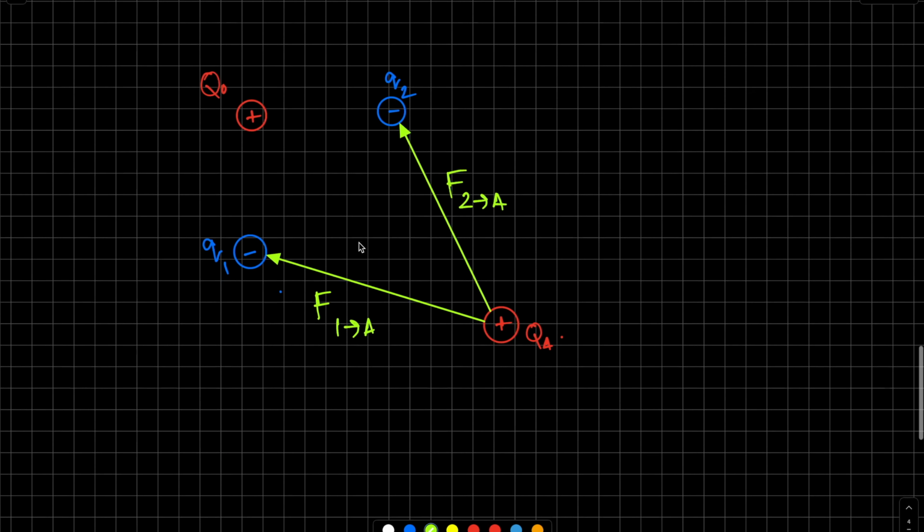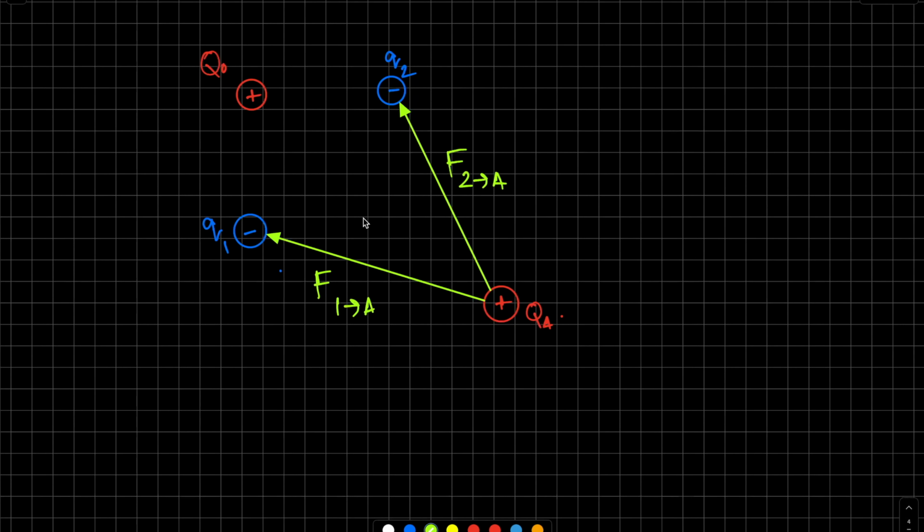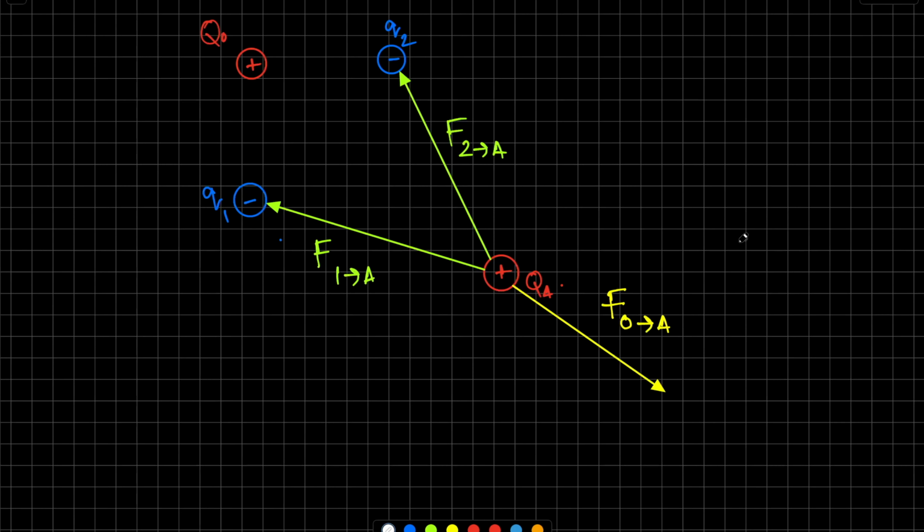Now we are finding the directions. And what about Q0? Q0 is a positive charge, right? And QA is another positive charge. So Q0 will try to push it away from it. So the direction of the force will be like this, to try to push QA away from it, right? So this is force by charge 0 on charge A, F0 to A.